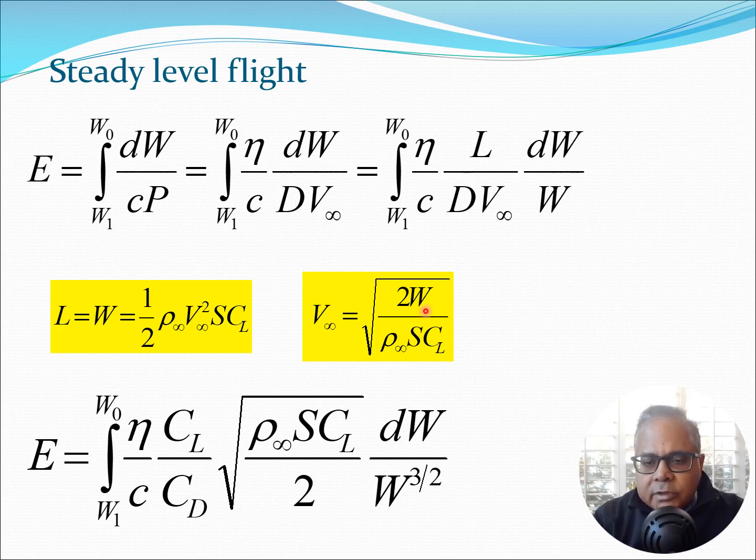So the W and the W to the half becomes W to the 3 by 2. Essentially we can add the indices of W to the power 1 and W to the power half, and so we get W to the 3 by 2 here. So this is the equation now which we are able to express purely in terms of the weight, and then there are these remaining parameters.